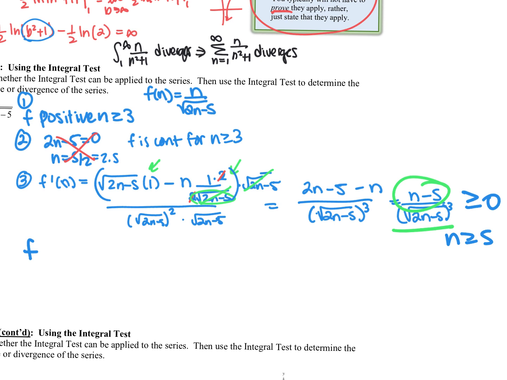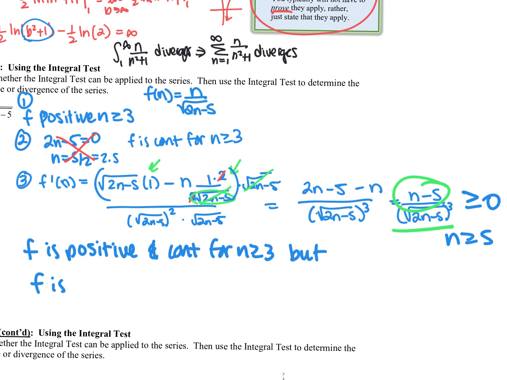So f is positive and continuous for n greater than or equal to 3, but f is not decreasing for n greater than or equal to 5.